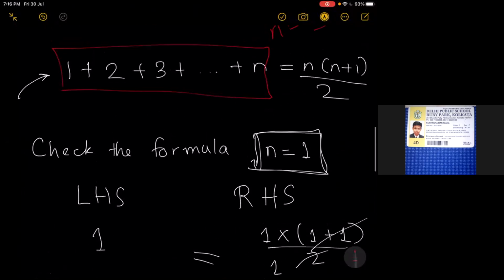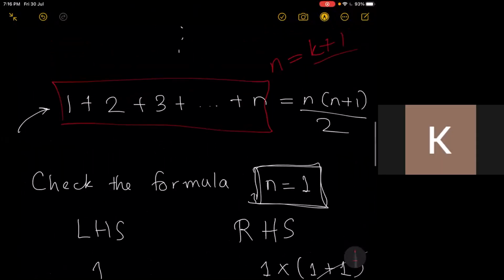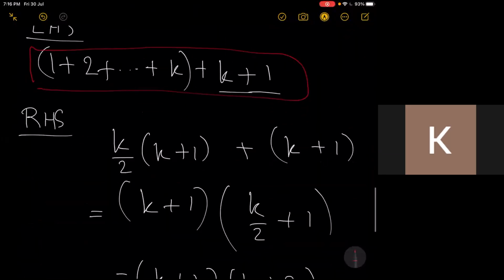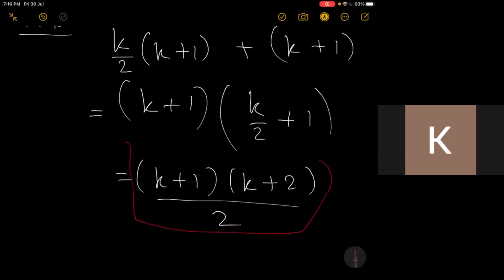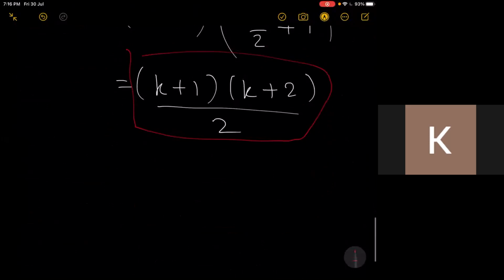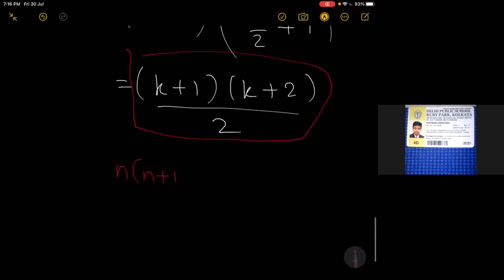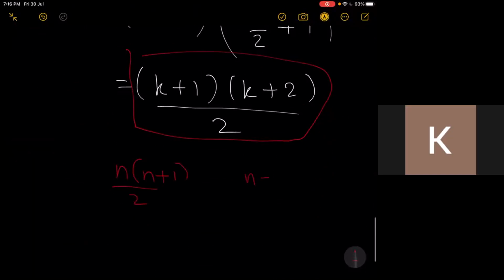And the RHS for n equal to k plus 1 is n into n plus 1 by 2, so with n equal to k plus 1, k plus 1 into k plus 2 by 2. So it is basically this thing only.